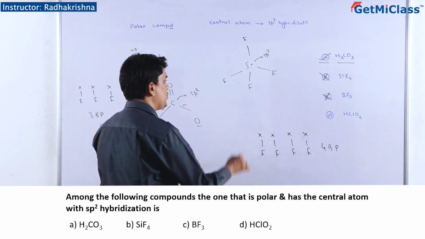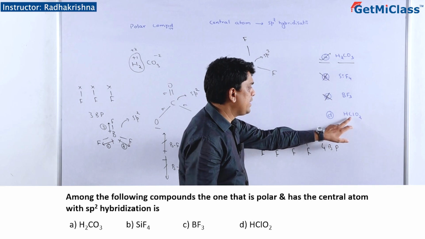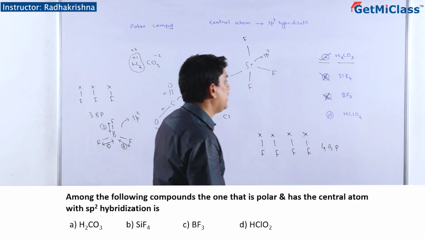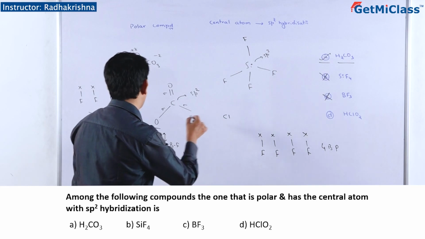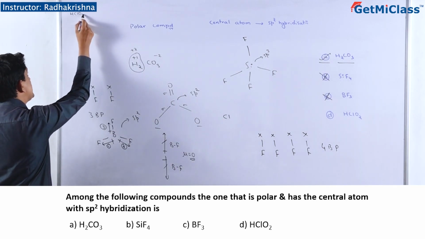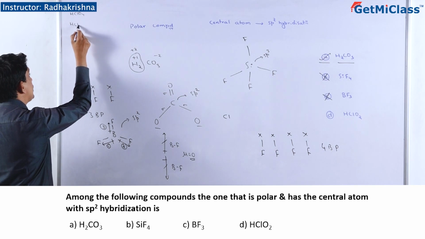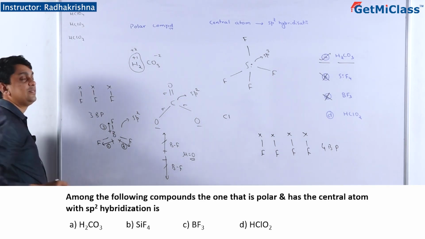So let me show you. Chlorine in the center, you know there is HClO2. Let me tell you, it's a derivative of chloric acid. You know that at the top we have perchloric acid, then chloric acid, then chlorous acid. Fine.